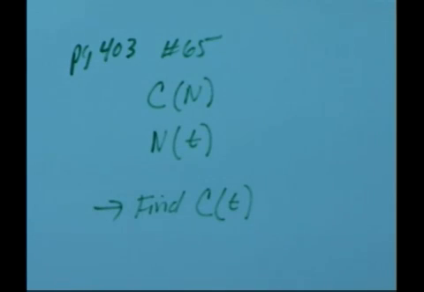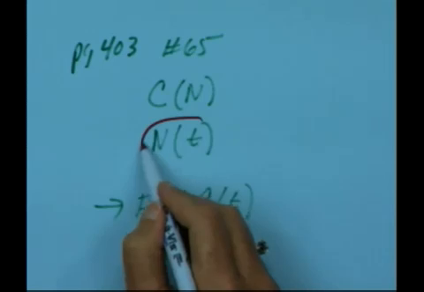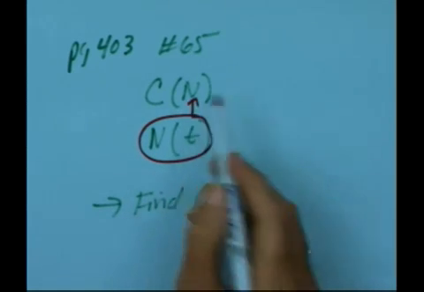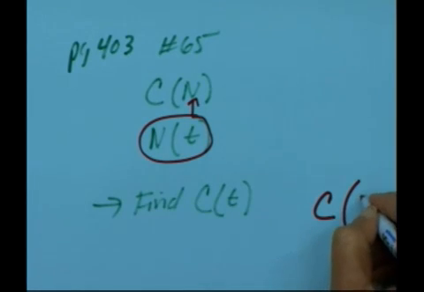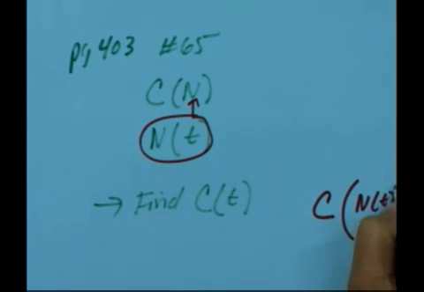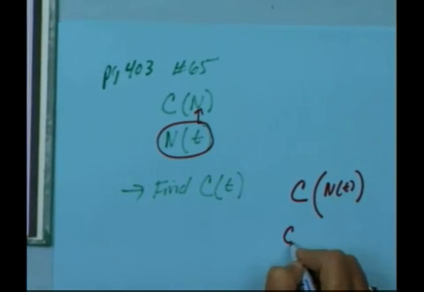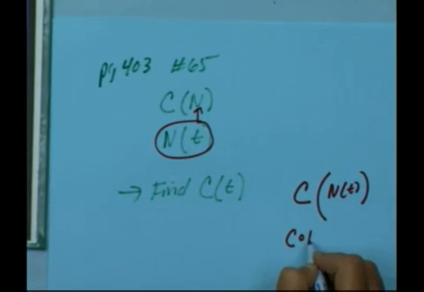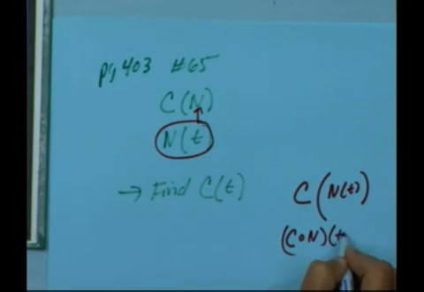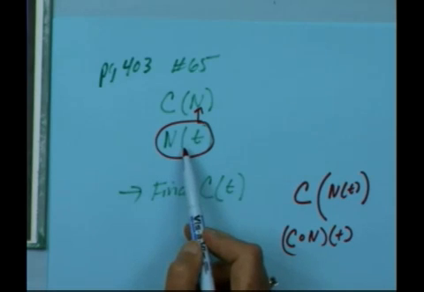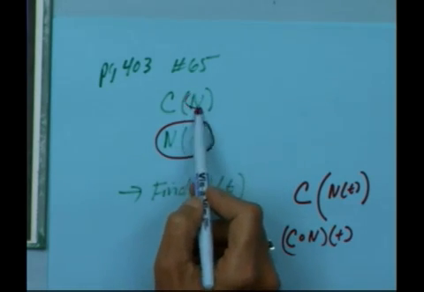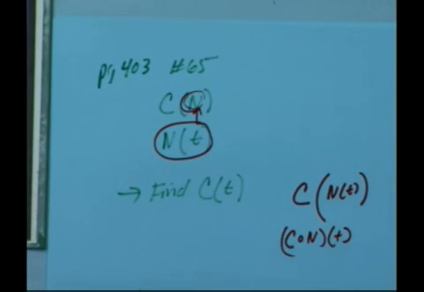Yep, you're just going to take your n of t and put it right here. So you need the cost evaluated at n of t, which just means you have the composition of c and n at t. So all you're going to do is take your equation for number of cars, put it right there, plug it in your c function, and you got it.